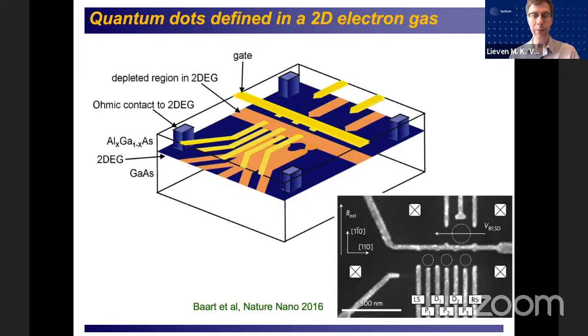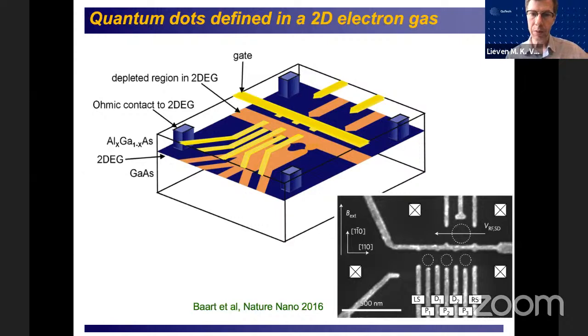And you can imagine that with the right geometry and the right gate voltages, you can then form small spaces which are isolated from this reservoir of electrons with a tunnel barrier, a potential barrier. And they're separated by a potential barrier, and depending on how tall and wide it is, electrons can tunnel through and it becomes a tunnel barrier.